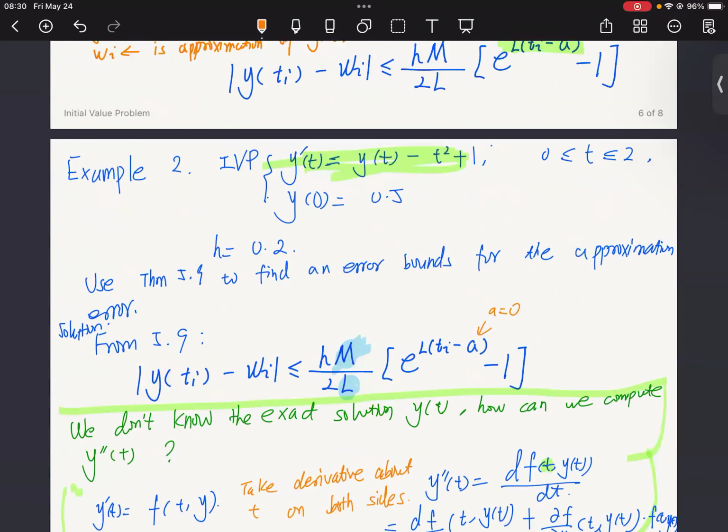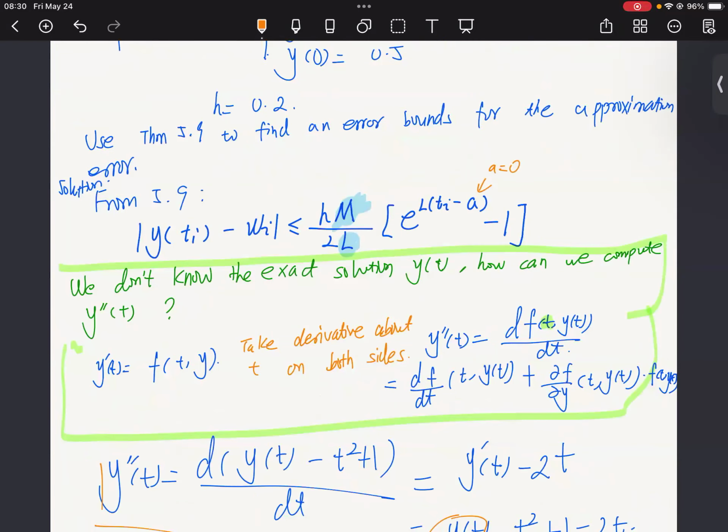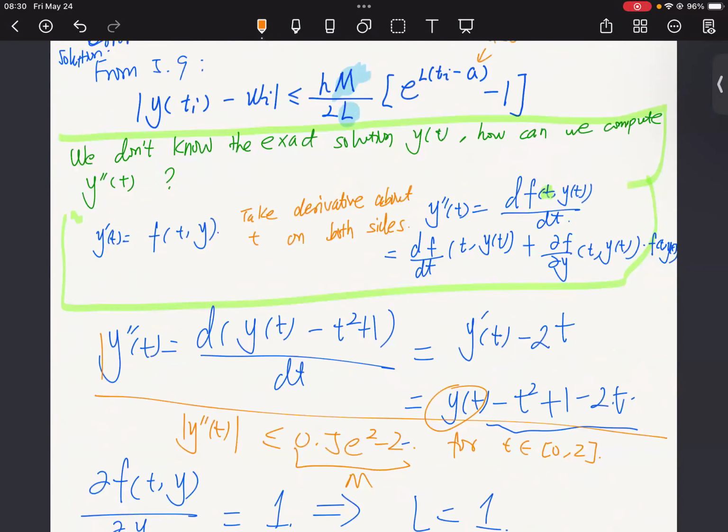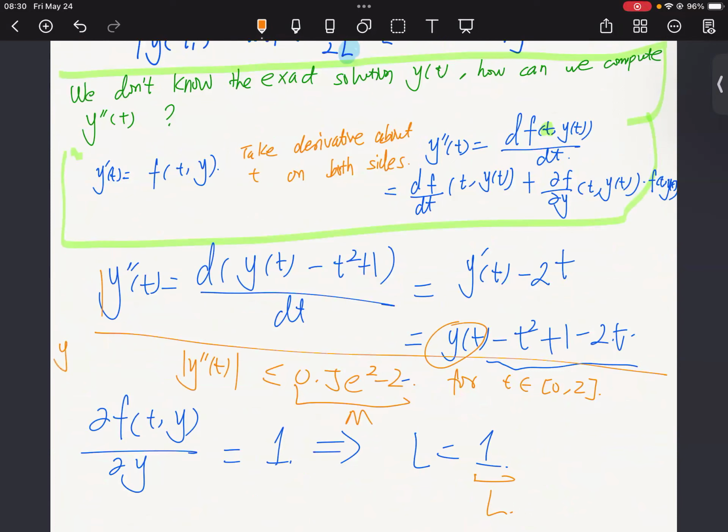I just claimed that we don't need to know the exact solution to get the bound. Yes, actually we should have something to do here. The textbook is calculating the exact solution, and the exact solution here is (2t+1)^2 minus 0.5 e^t, and then it calculates the second derivative and bounds it.